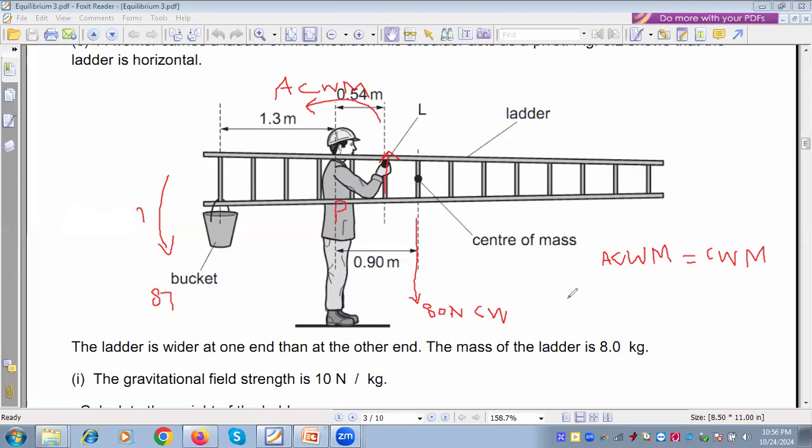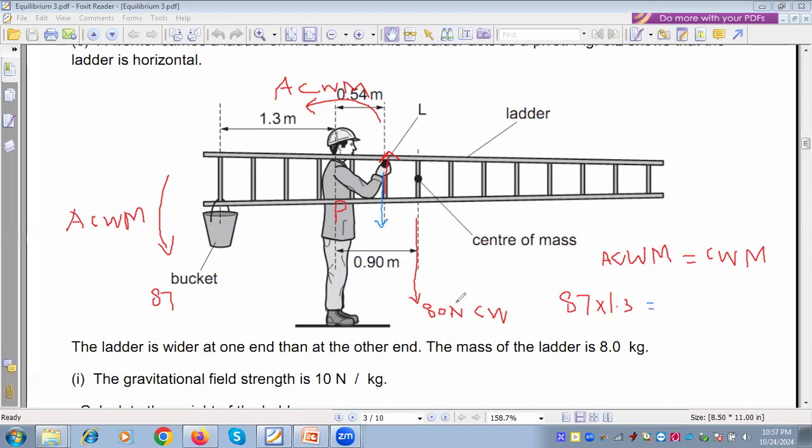Here, 87 into 1.3. In the same way, this is not upward, this is downward. This is downward. So it means this will be along with the clockwise moment.